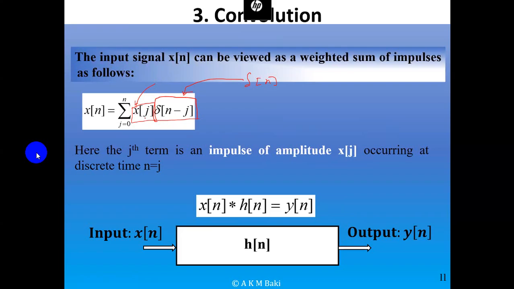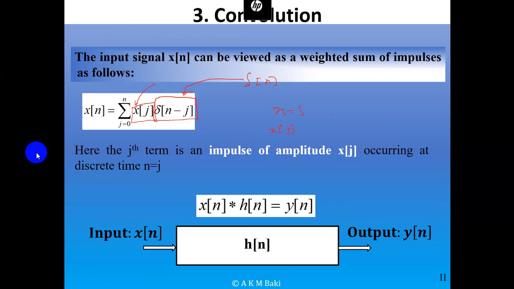What is or how to define x of z? এটা স্যার একটা সিম্পল সিগন্যাল স্যার, সিম্পল ফাংশন। Impulse signal at instant sampling n equal to z. If you consider n equal to z, at that instant the signal will have some amplitude.